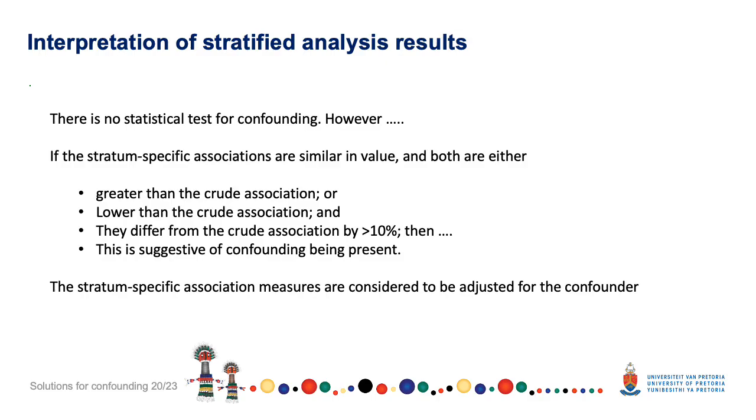What you do is you look at the stratum-specific associations, the odds ratios, and if they are similar in value, and they're both either greater than the crude odds ratio, the crude is when you've got both groups combined, or they're both lower than the crude odds ratio, and they differ from the crude association or odds ratio by more than 10%, then this is very suggestive of confounding being present. And it would be wise then to perform regression analysis, for example, including this confounder so that you can adjust for the confounder.